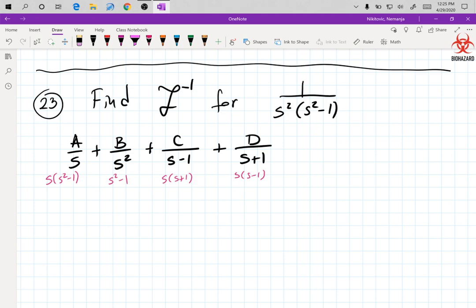So we have A s cubed minus A s when I multiply, because what you multiply on the bottom, you multiply on top as well.